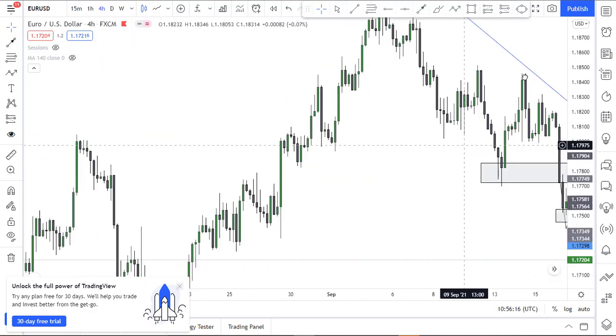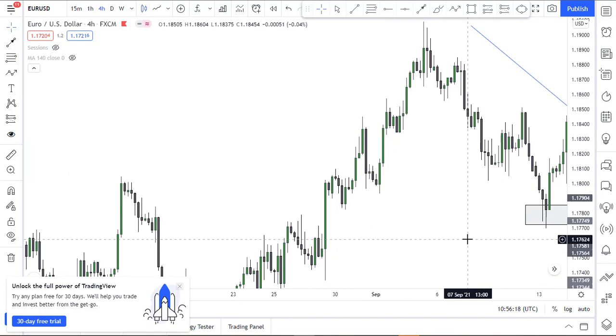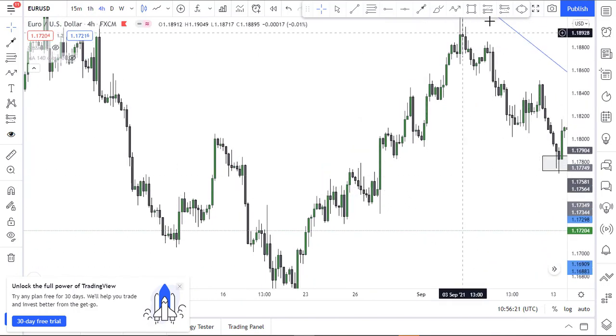Same applies to an upward trend. For instance, if we take this side, we have an upward trend forming.